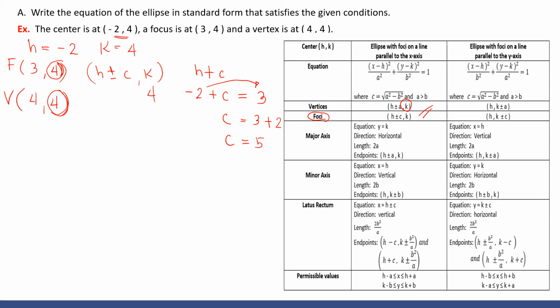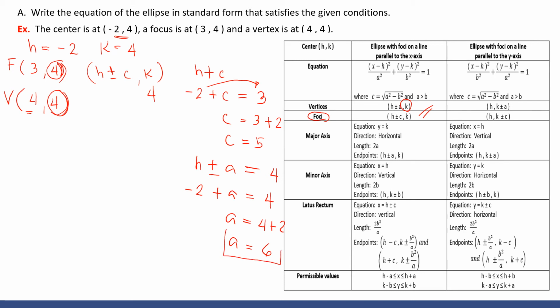And then to get this one, 4, from the pattern H plus minus A, this should be equivalent to 4. Since we have this H already, palitan natin, negative 2, and then plus A is equal to 4. Transpose negative 2 dun sa kabilang side. And A now is equivalent to 4 plus 2, which of course, ang tamang sagot ay 6.